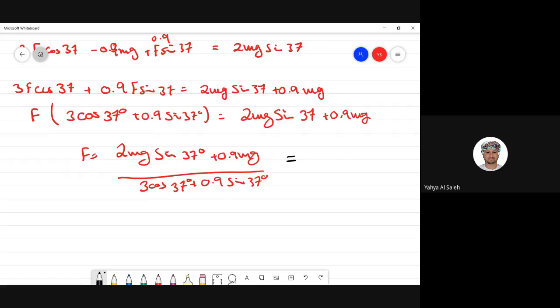So 2 sine 37 plus 0.9 is equal to 2.1036 mg divided by 3 cosine 37 plus 0.9 sine 37, 2.9375. And this means 0.72 mg. Yep.